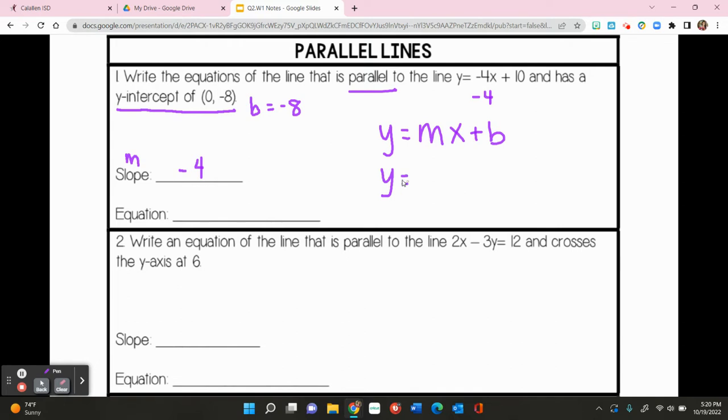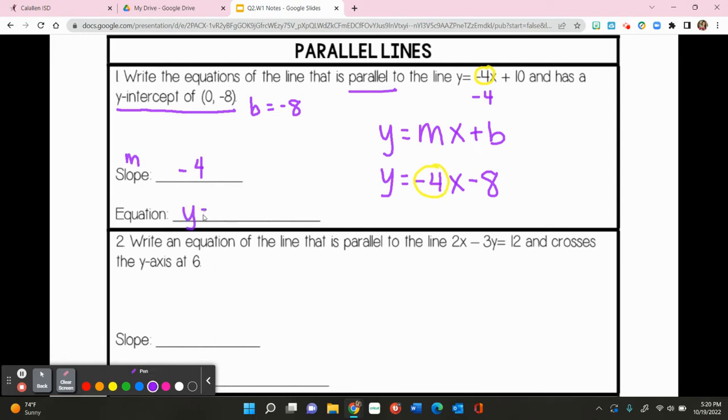So I have y equals, my m would be negative 4x, and then my b would be negative 8, so I would subtract 8. So again, as you can see here, they are parallel because they have the same slopes of negative 4. So again, our equation is y equals negative 4x minus 8.